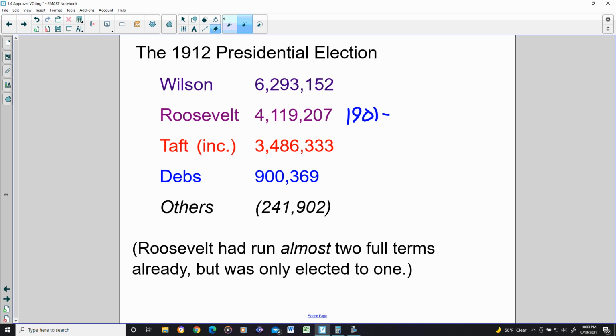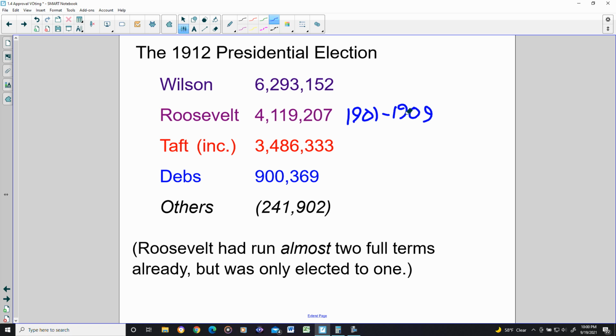So what's interesting here is that he serves basically 2 full terms, but was only elected to 1. So he is free to run for another term. There's nothing stopping presidents at this point from running for as many terms as they wanted to. That rule doesn't exist for a long time yet. But everybody's stuck to 2 terms.